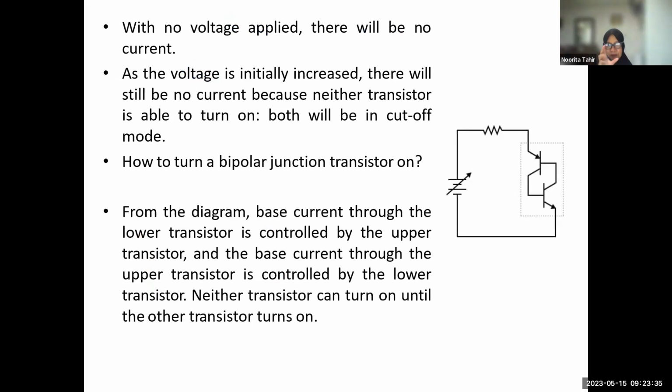For each transistor, there are 3 things that you need to know, which is the IC, IB, and IE: collector, base, and emitter, and the currents associated with each stage. So an ideal bipolar transistor will never conduct collector current if no base current flows. It starts from the base.